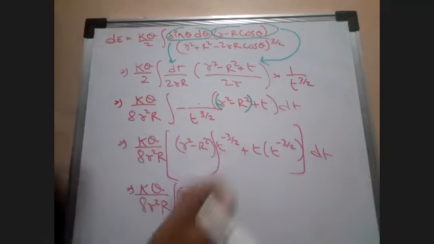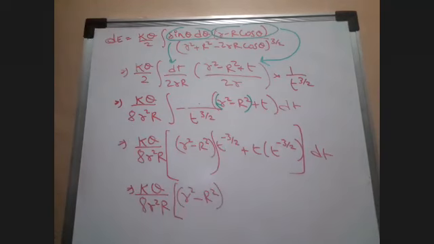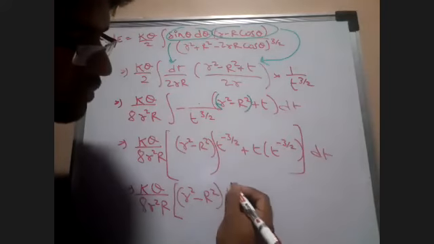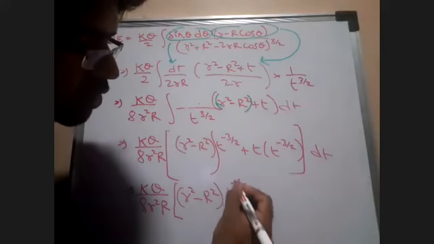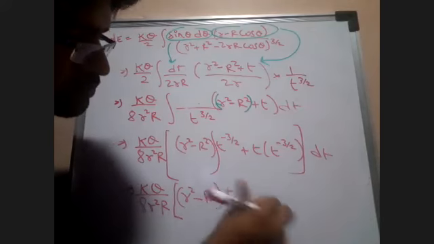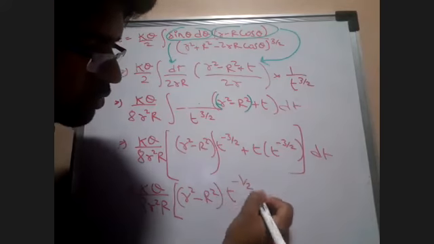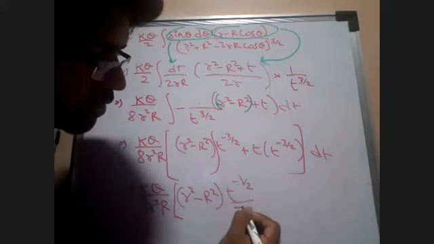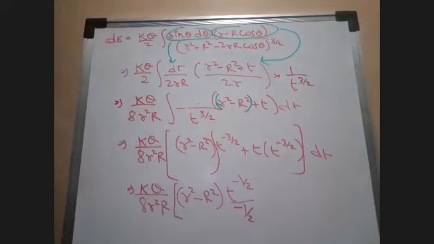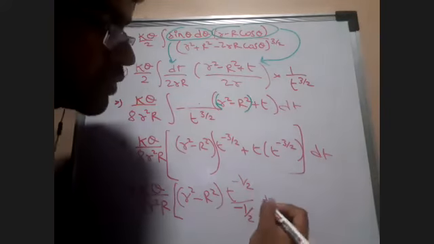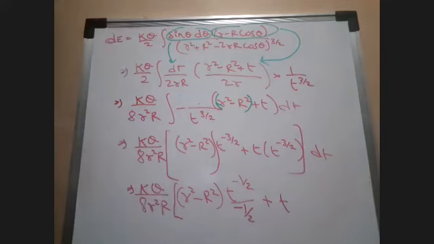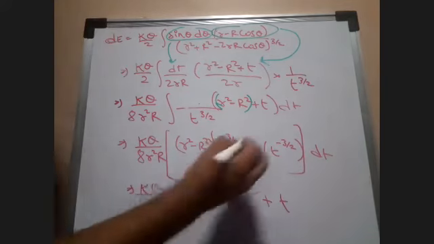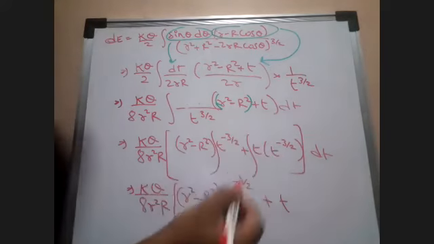Integration of t raised to minus 3 by 2 will be t raised to minus 3 by 2 plus 1 upon minus 3 by 2 plus 1. That gives t raised to minus 1 by 2 upon minus 1 by 2. Is that visible? Okay, plus t, the integration of that entire thing.